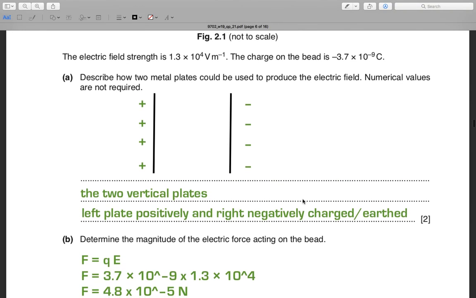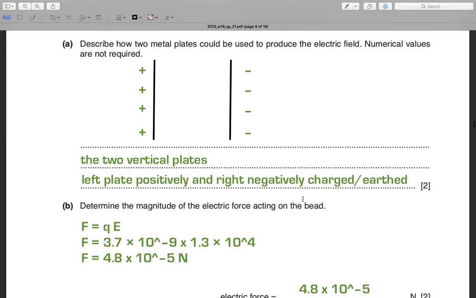Continue to the next question: determine the magnitude of the electric field force acting on the bead. We have a relationship between force and electric field, that F equals QE.